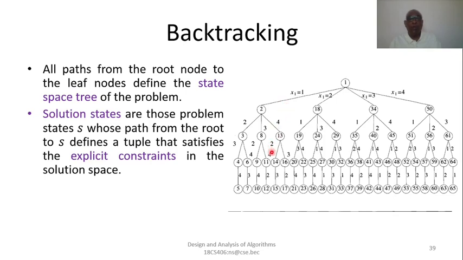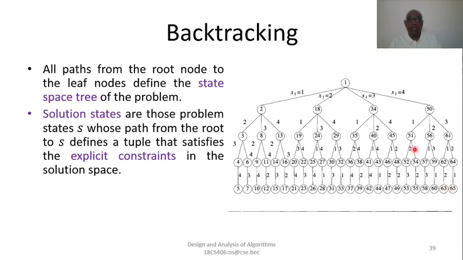Solution states are those problem states whose path from the root node to that node defines a tuple that satisfies the explicit constraints in the solution space. I repeat, solution states are those problem states S whose path from the root node to S defines a tuple that satisfies the explicit constraints. In this state space tree, you find that the leaf nodes are the solution states. It's not necessary that in all state space trees only the leaf nodes become the solution states.